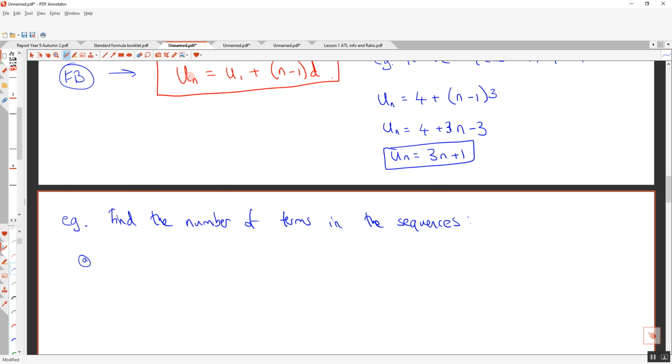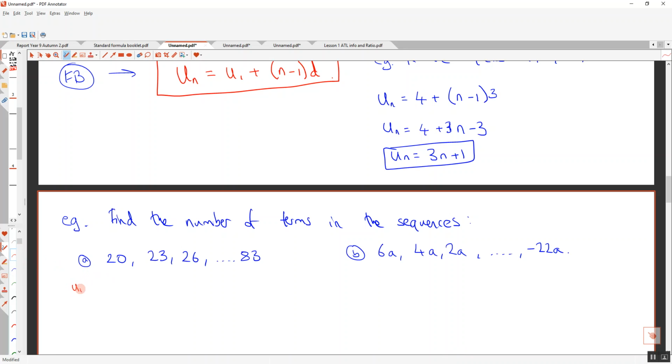No, un is the nth term. So it's n, right? So n is the number. This is where you have to be really careful, because un and n are very, very different.